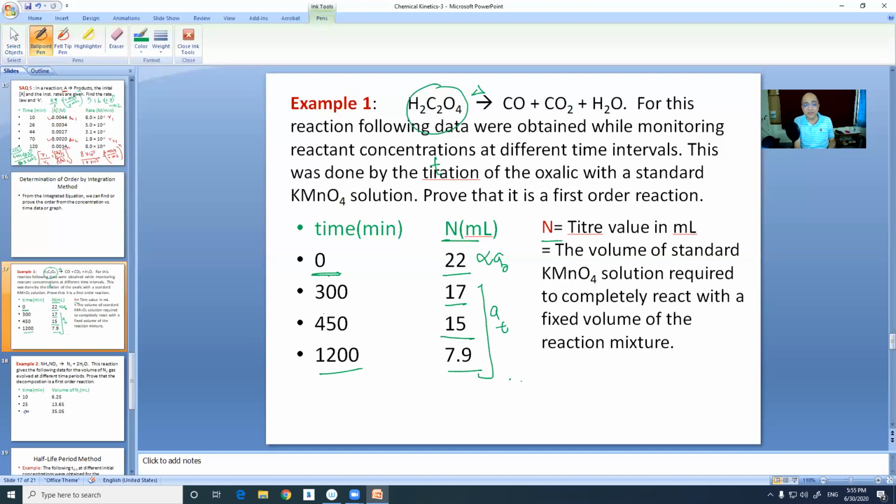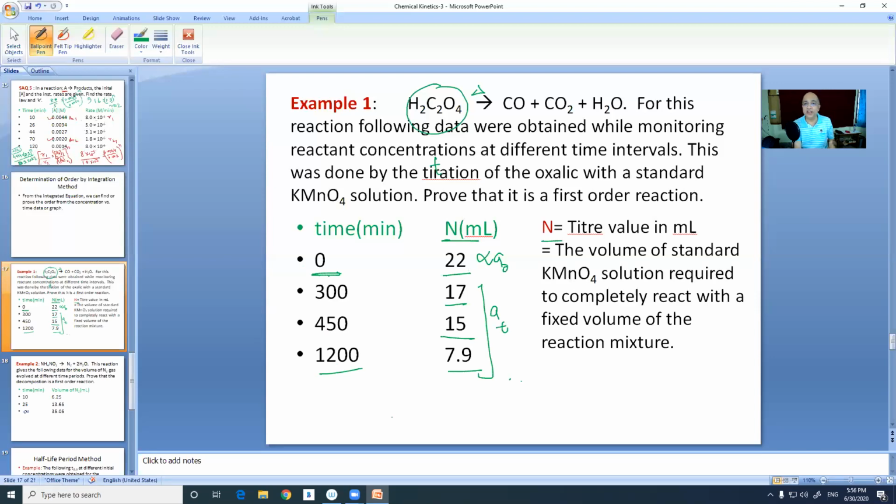A_t at 300 minutes, A_t at 450, A_t at 1200. So remember, whenever you get such data where the time is increasing and the data is decreasing, then undoubtedly that fellow is monitoring the reactant. Those values are A_t. They are proportional because we will be using a ratio. In the first order integrated law, you get a ratio.